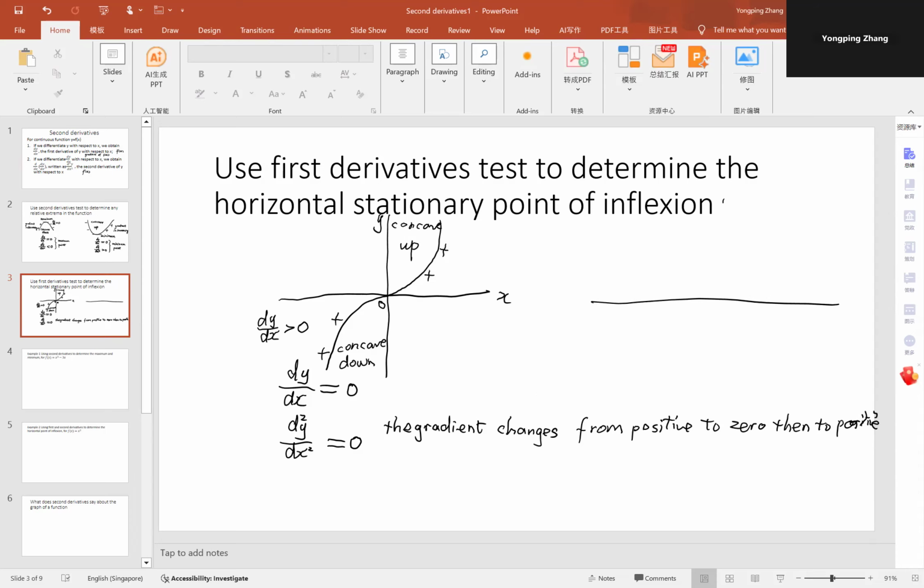Another case is that the gradient is negative.